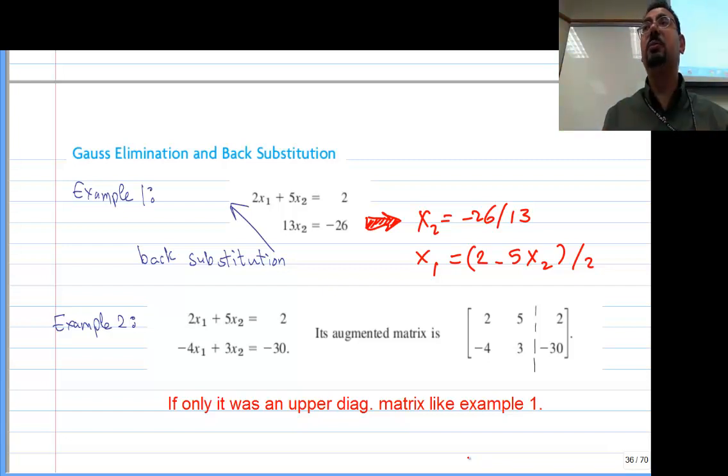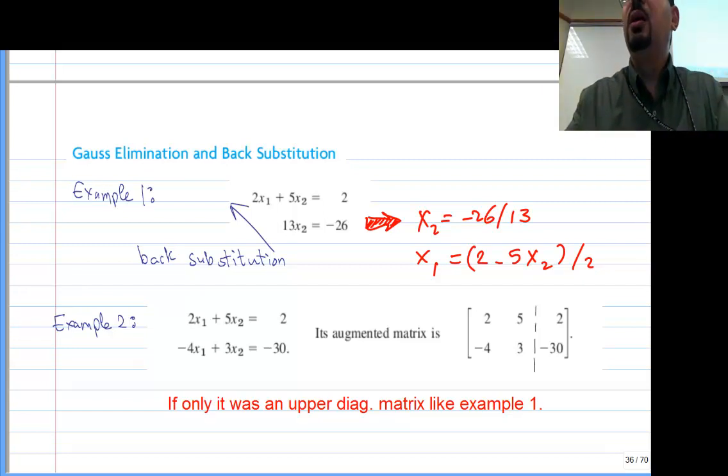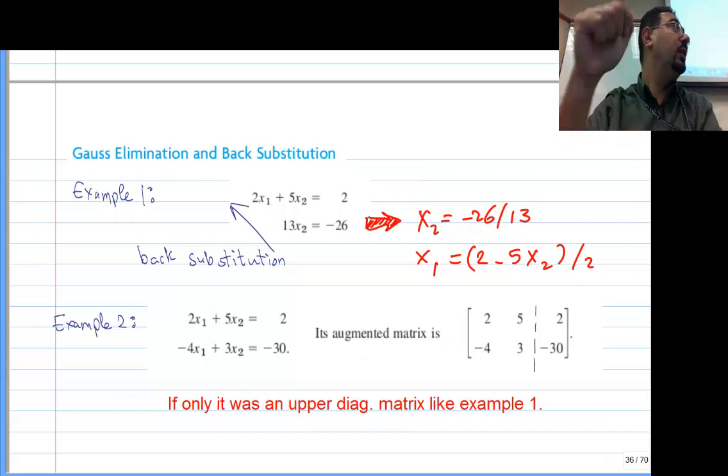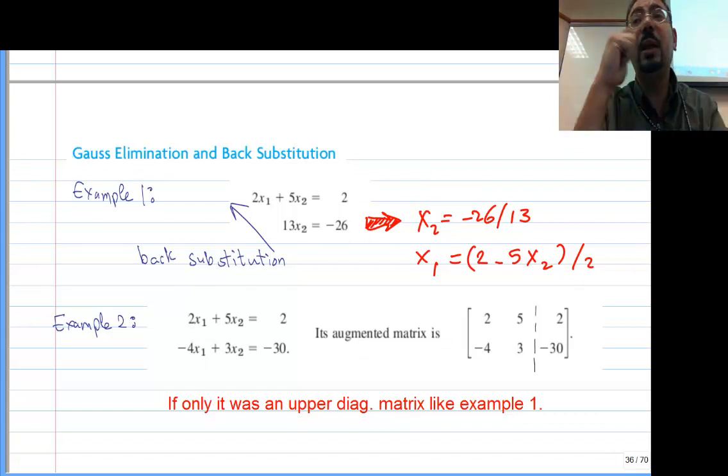When the system is small, 2 by 2 or 3 by 3, you can do it by hand. In the exam, expect a problem where you would do Gauss elimination by hand. So you have to practice doing it quickly, because it takes a lot of time. Unless you practice a lot, you'll never finish the exam.